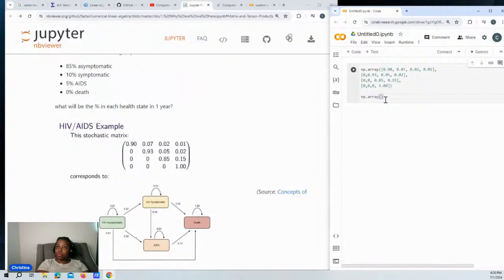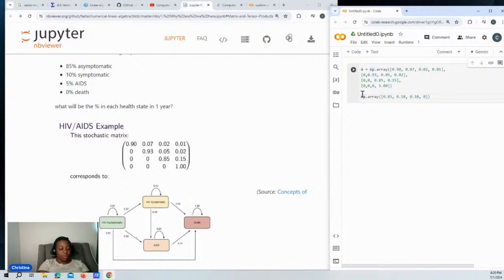This is now going to be 0.85, 0.85, 0.85, 0.10, 0.10, and 0. So now we have those two, and they need to be saved to something.